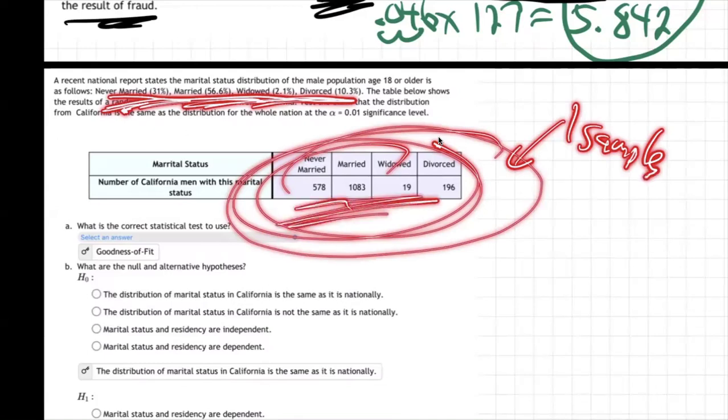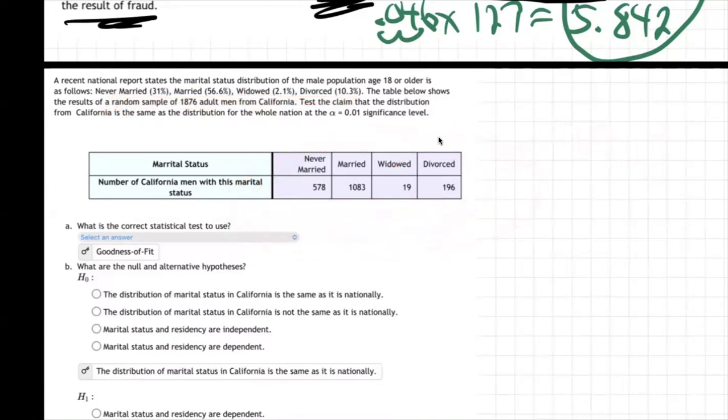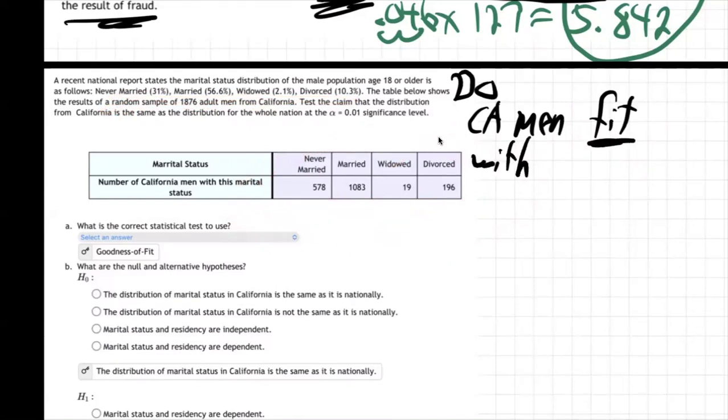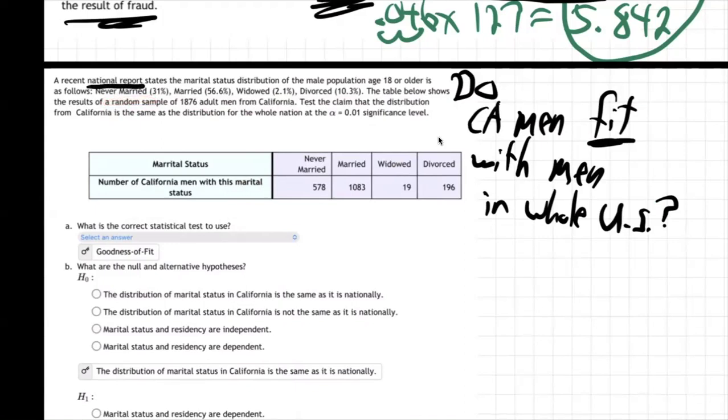Do they fit? So basically, the question is, do California men fit with men in the whole U.S. as far as their marital status? This is for the whole United States, a national report: never married 31%, married 56.6, widowed 2.1, divorced 10.3.